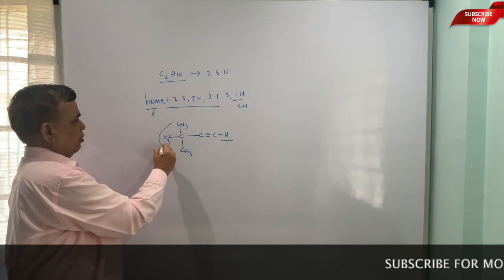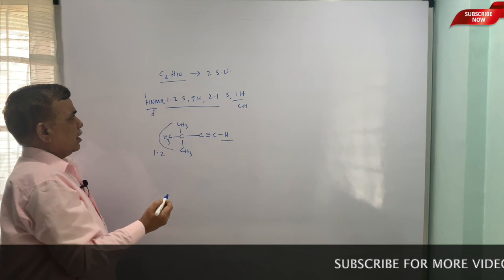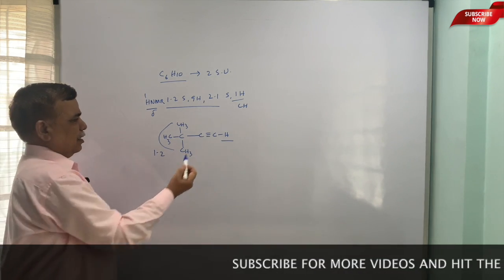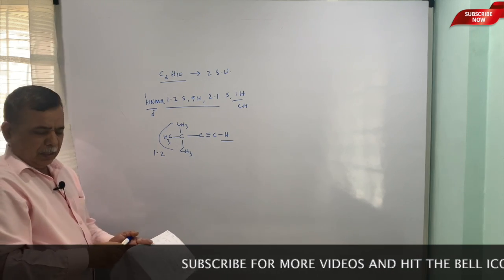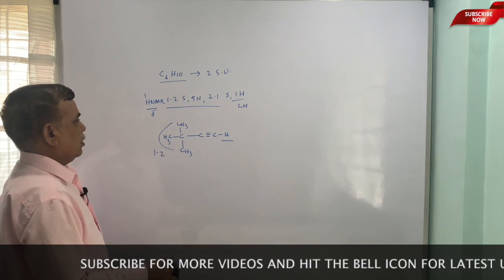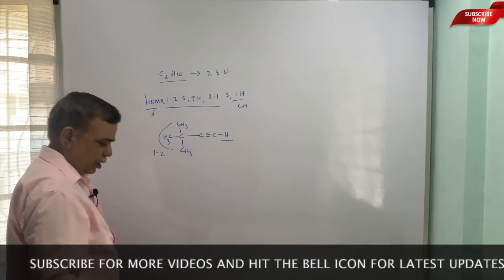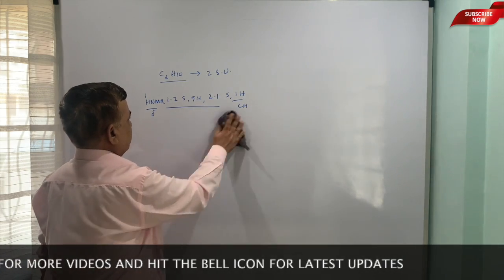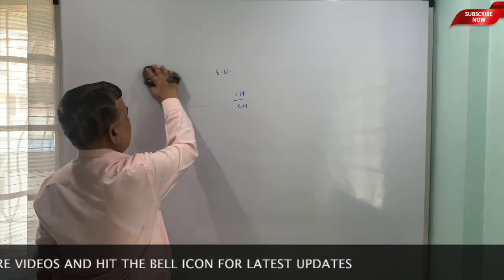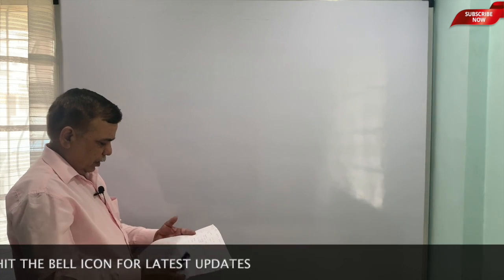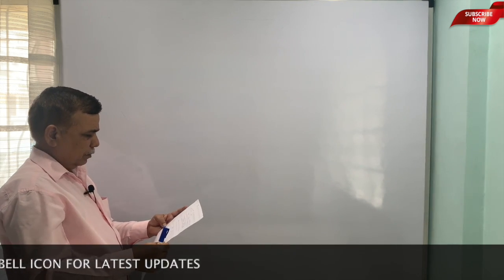So 1.2 is these methyls singlet because they are equivalent, and this is also away from methyl, so no coupling is existing, and that's why the acetylenic proton, two degrees of unsaturation, are taken care of by the triple bond. So that is the small example which we can solve.